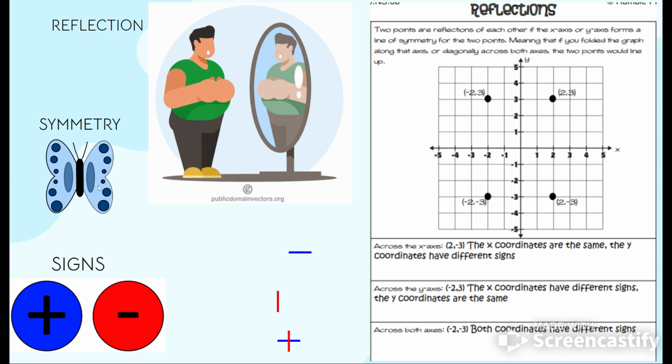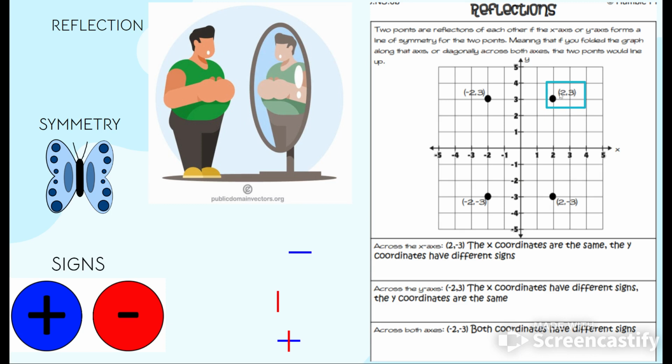Just like those butterfly wings fold up, we're going to pretend that our coordinate plane is a piece of paper that we're going to fold. And remember it's line symmetry, so we're going to fold it along certain lines to copy a location. So our first ordered pair or location is this 2, 3.